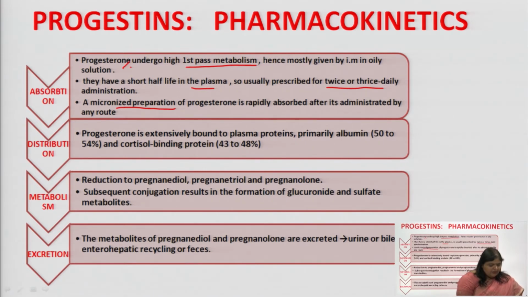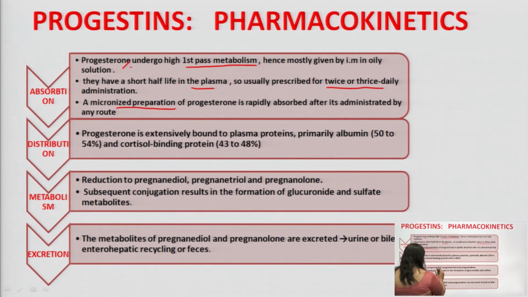Then this progesterone is highly bound to the plasma proteins, mainly to albumin, around 50 to 54%, and also to the cortisol binding protein, around 43 to 48%. Then it undergoes metabolism, or it is reduced to pregnanediol, pregnanetriol and pregnenolone.